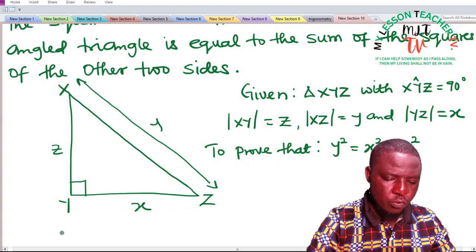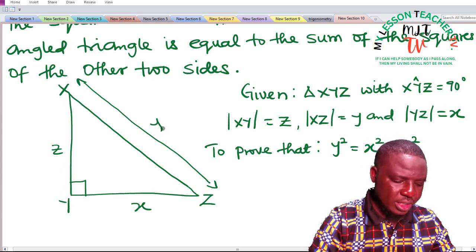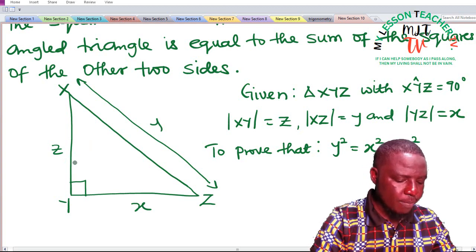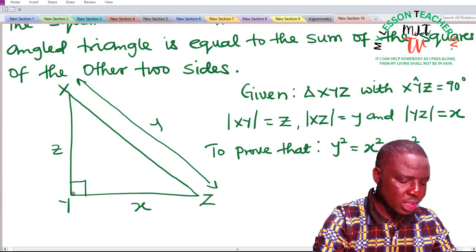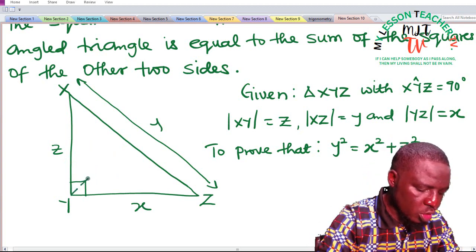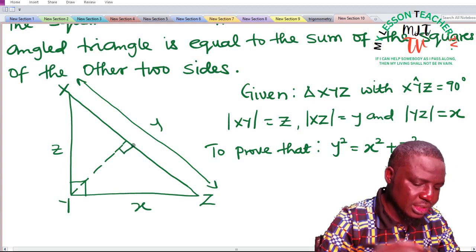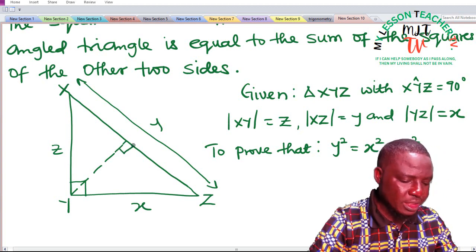In order for me to prove that y squared is equal to x squared plus z squared, I shall draw a perpendicular. A perpendicular is a straight line drawn from Y to line XZ. So if I draw this perpendicular, it means that this is angle 90 degrees.